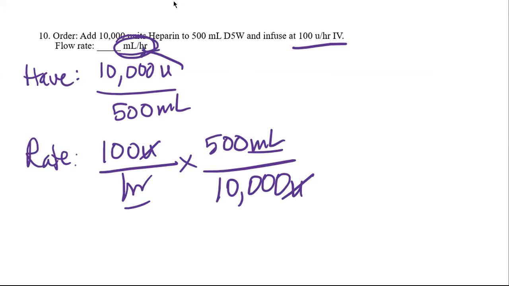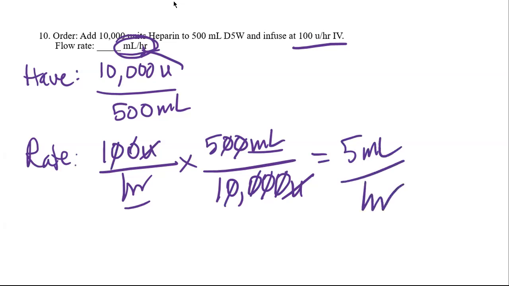We can cross out a bunch of things, one, two, three, and four. Okay, so now we've just got 5 milliliters per hour, and that's the answer, y'all. If you do one zero at a time, you can cross out all of this busyness, and you get 5 milliliters per hour.